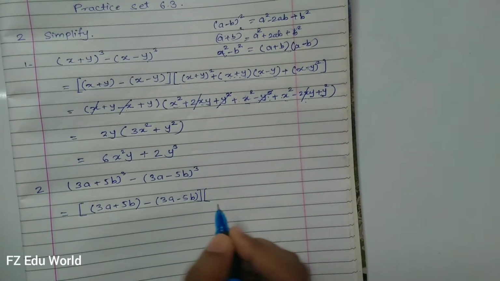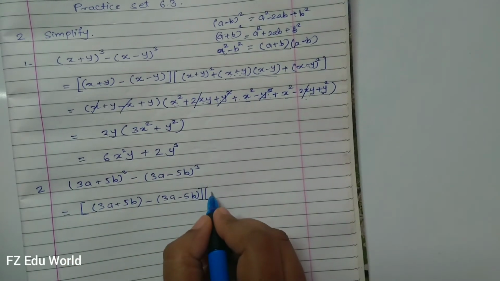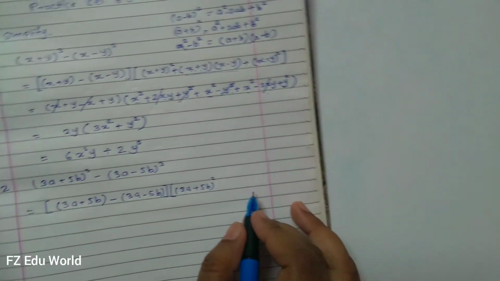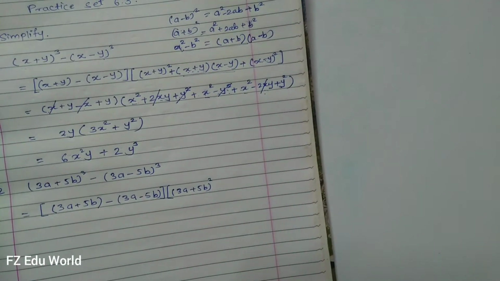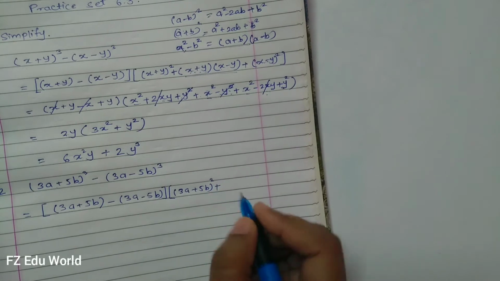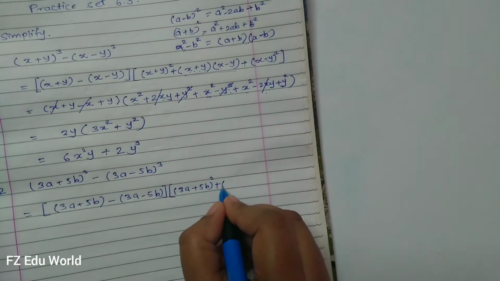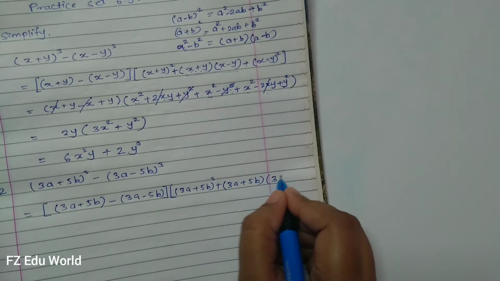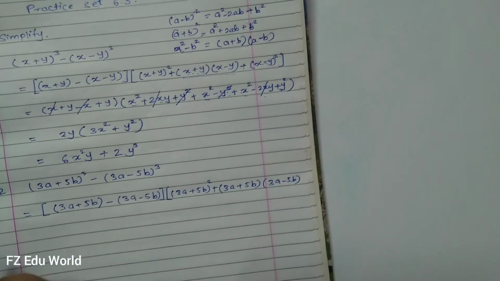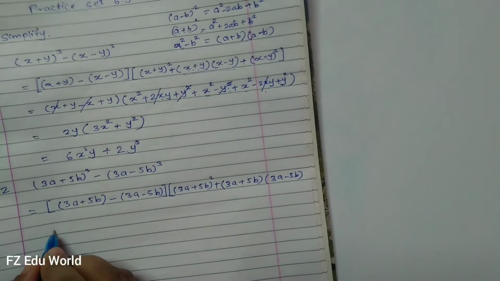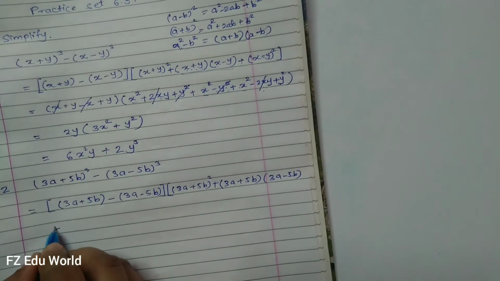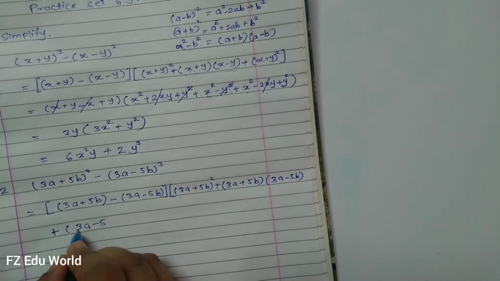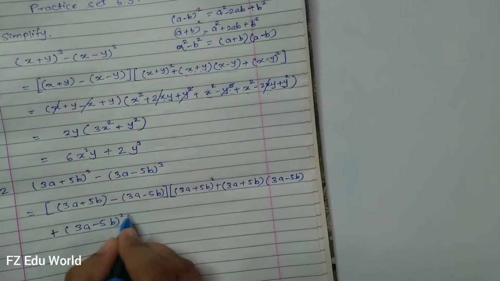Now in the second bracket the first term's square, that is (3a plus 5b) square, plus both terms' multiplication, that is (3a plus 5b) multiplied by (3a minus 5b), then plus the second term's square, that is (3a minus 5b) square.